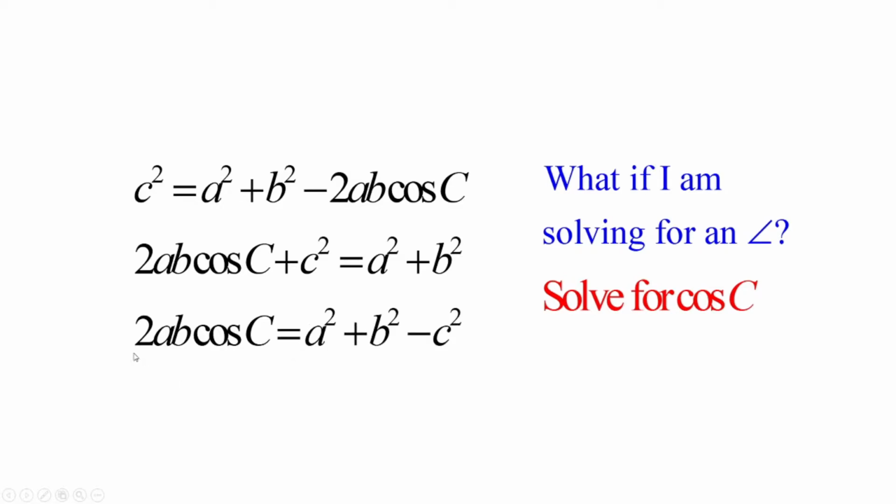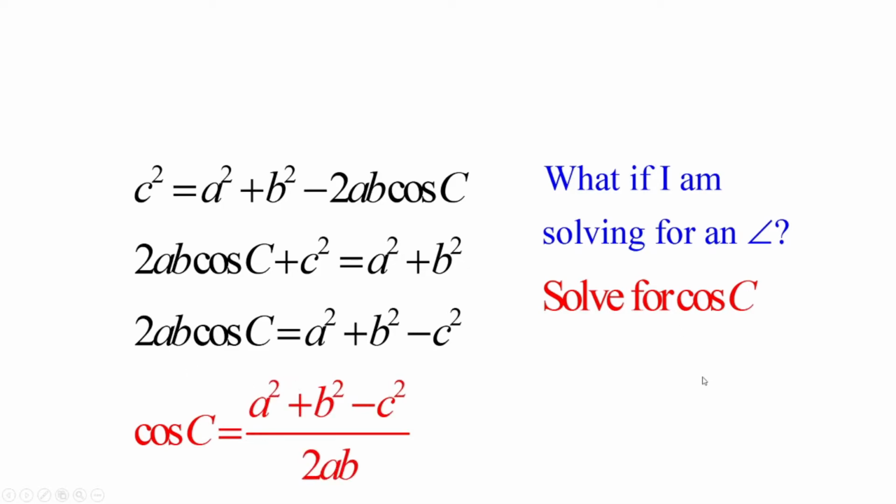And then, of course, you're just going to divide by 2ab to get cosine of C equals a squared plus b squared minus c squared divided by that 2ab. And that is the law of cosines that we use when we're either solving for the trig function cosine of C or the angle C.